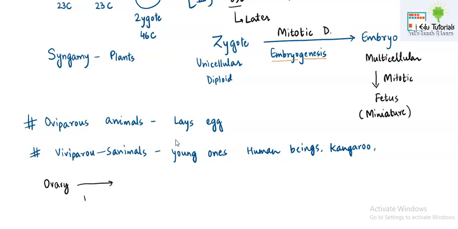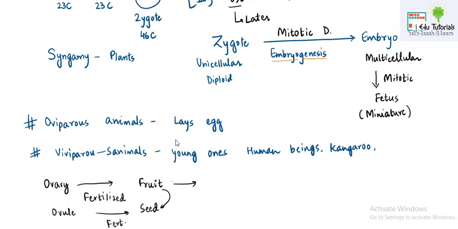Now if the ovary gets fertilized, meaning pollen comes and fertilization occurs, then the ovary transforms into the fruit, and the ovule which was in the ovary transforms into the seed after fertilization. Because the ovary had the ovule, that is why the fruit has seeds inside it.